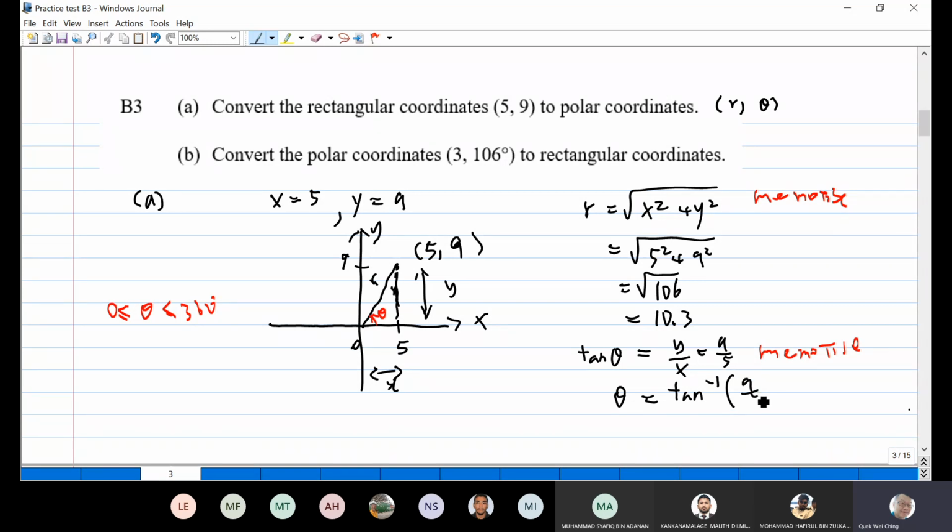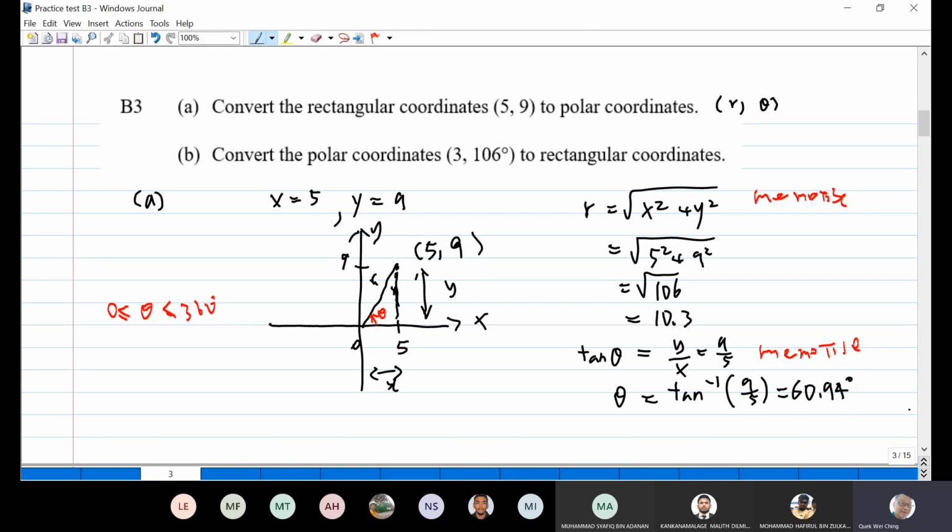So 9 over 5: press the calculator, tangent inverse of 9 over 5, which is 60.94.